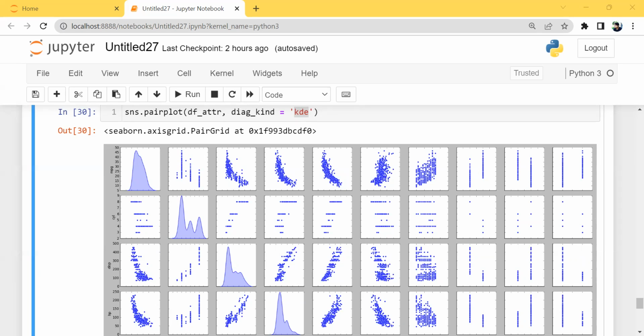Now, when we are doing regression, we focus on the off diagonal elements. And when we are doing classification, we focus on the diagonal elements.